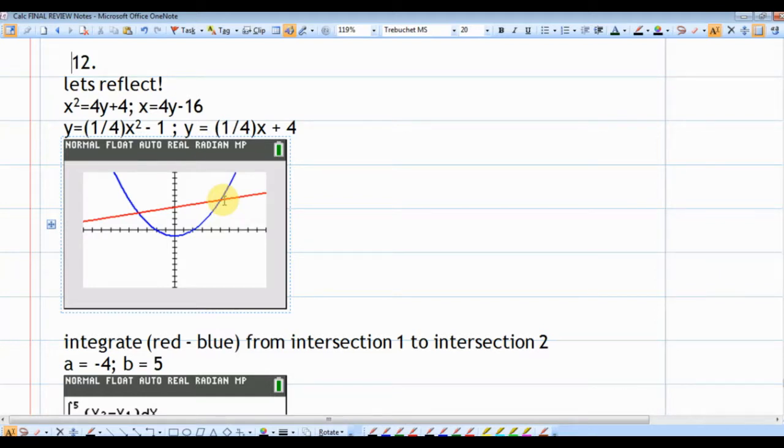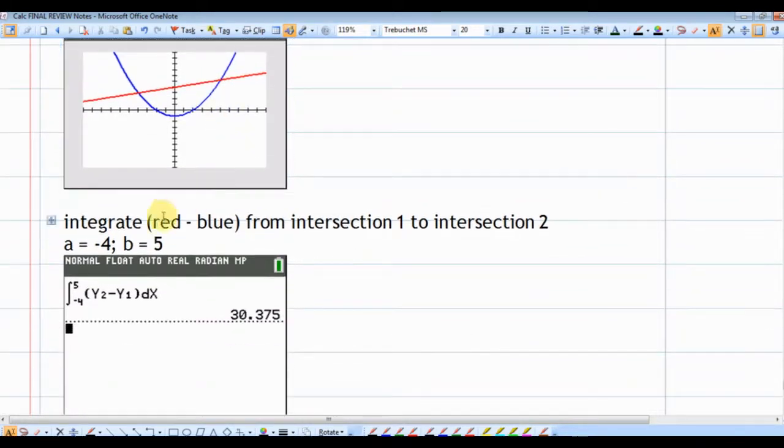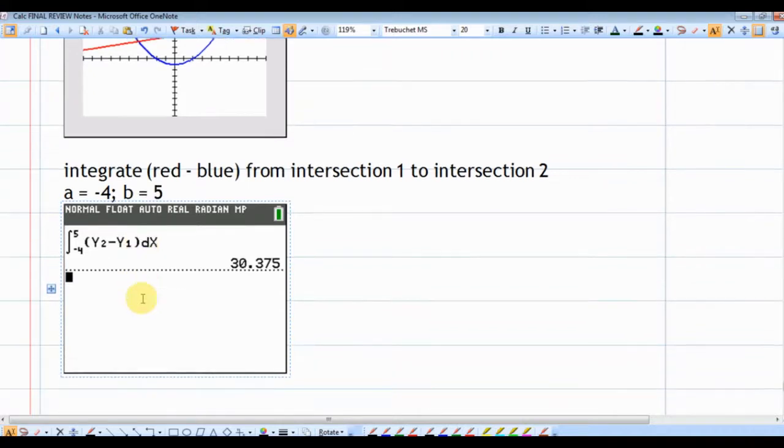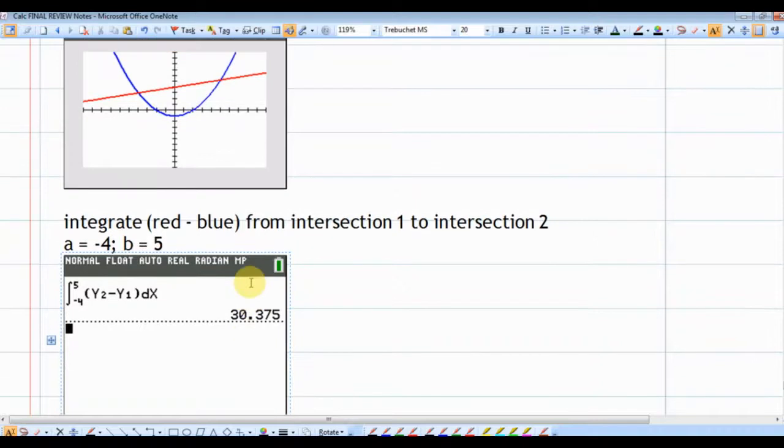Now it's just a matter of integrating from -4 to 5. What's nice is your calculator, if you actually have the functions in your calculator, you can just use y1 and y2 to shortcut that integration so you don't have to type a whole lot. So we're integrating from -4 to 5. My red curve is y2, my blue curve is y1. So y2 minus y1, you're going to get 30.375.